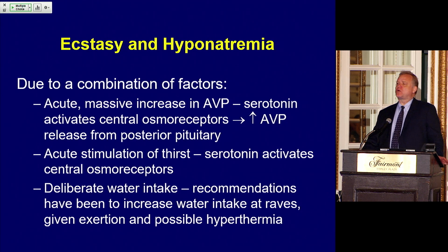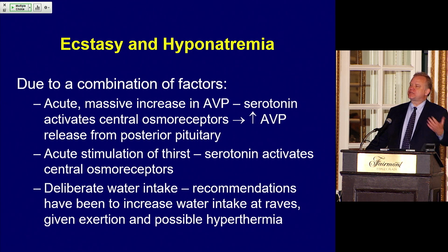One of the issues, though, is that in addition to turning on vasopressin secretion, ecstasy stimulates thirst. There was a thought many years ago that these people at raves were told to drink a lot of water, and that's partly why they became hyponatremic.